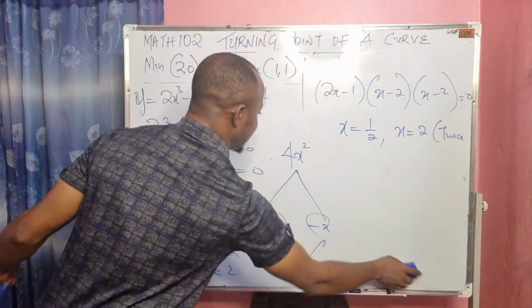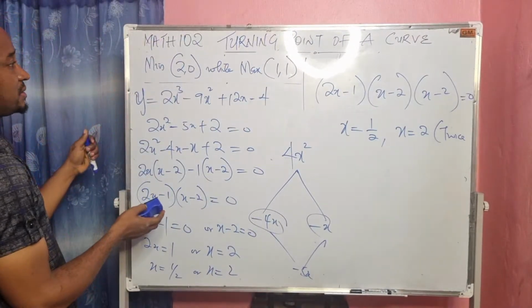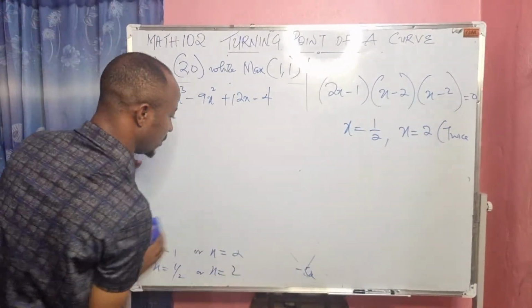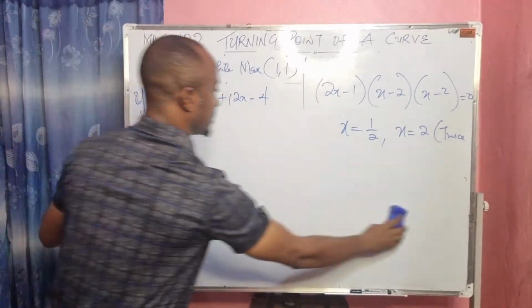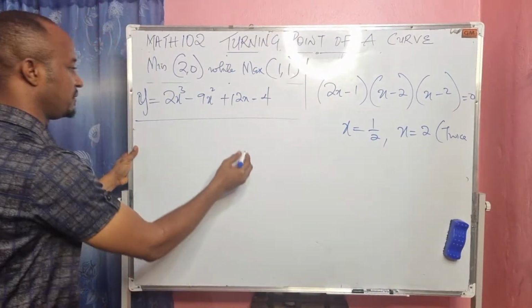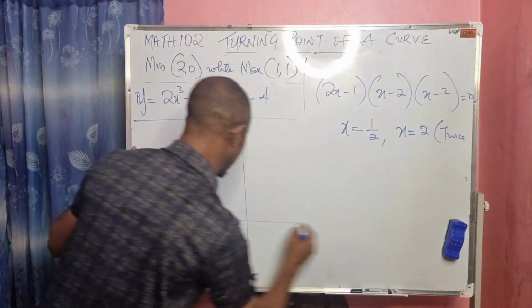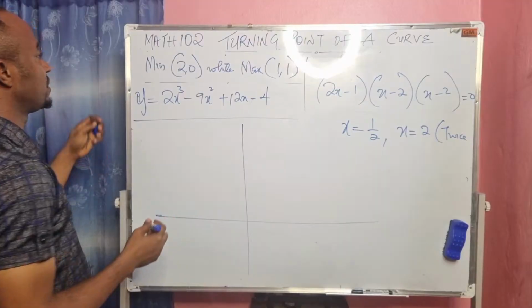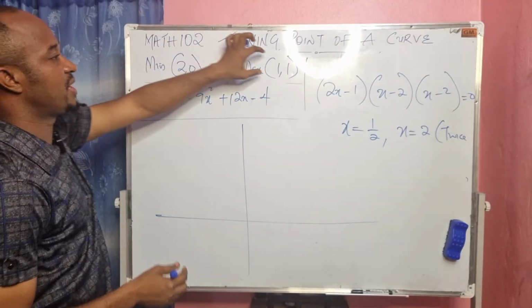Now, let's see how we can sketch this curve. Knowing that we have defined the values of x, let's sketch this curve and see. Let me bring up my Cartesian diagram. The first thing we need to do is to bring out the minimum point and the maximum points.